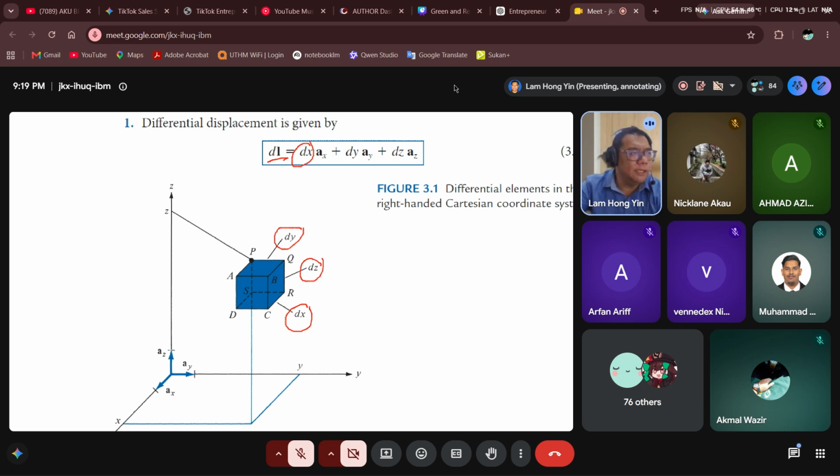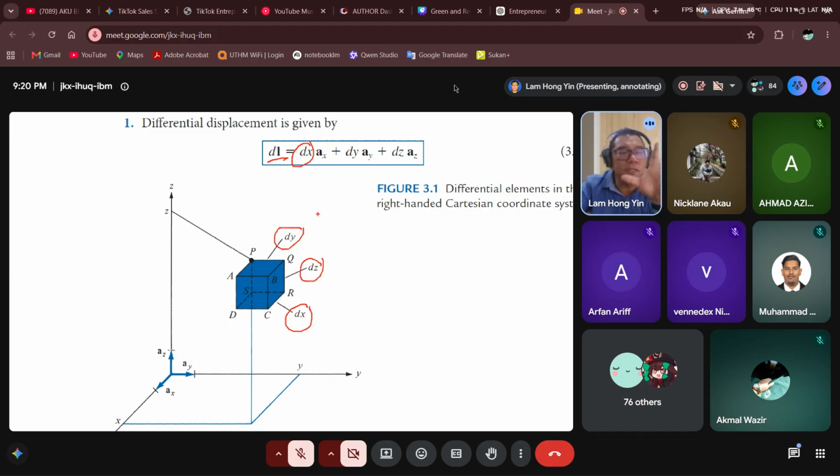If it changes at the x-axis, we use dx. How much does it change? What is the magnitude of the change? For dx, maybe they change 5 meters towards the positive, then you have positive dx. If they change 5 meters towards the negative x-axis, then you will have negative dx, right? So this is how you identify the changes.